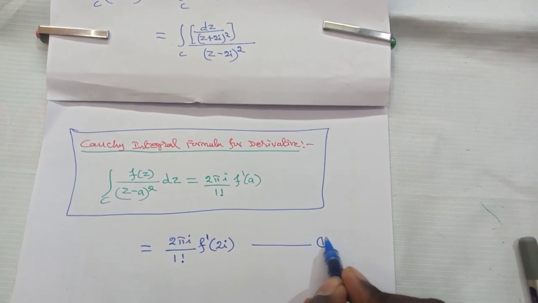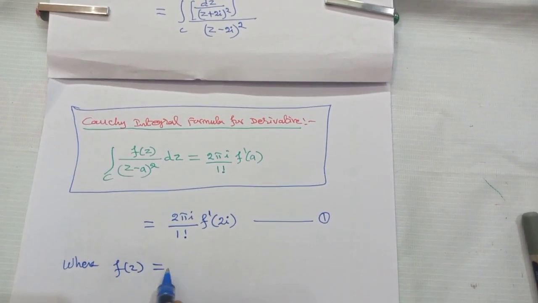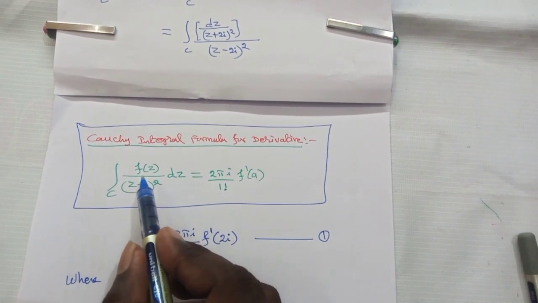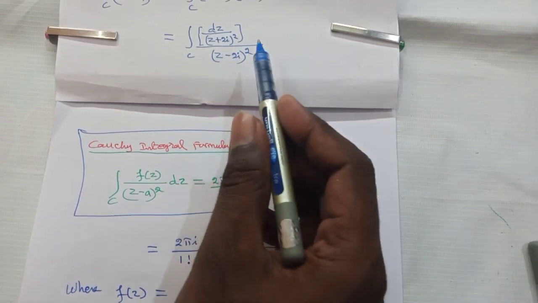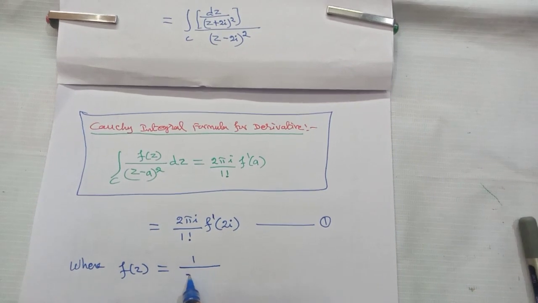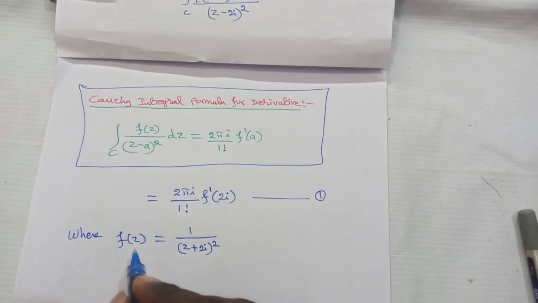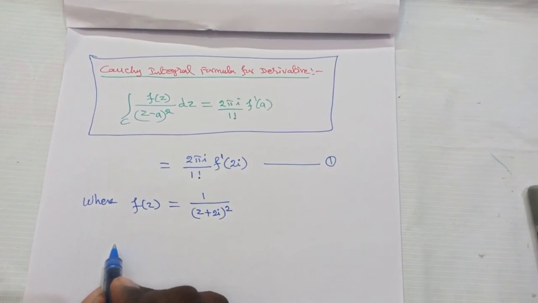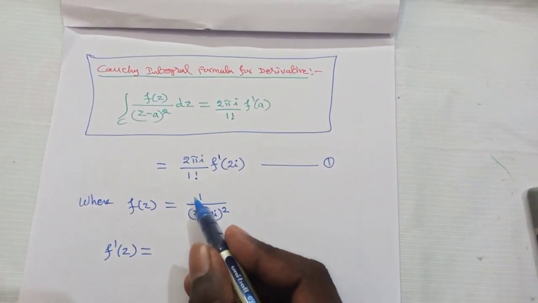Take this as equation number 1, where f of z is the numerator term except dz. So leaving dz, f of z is 1 by (z plus 2i) the whole square. From this I want f dash of 2i, so first I differentiate.